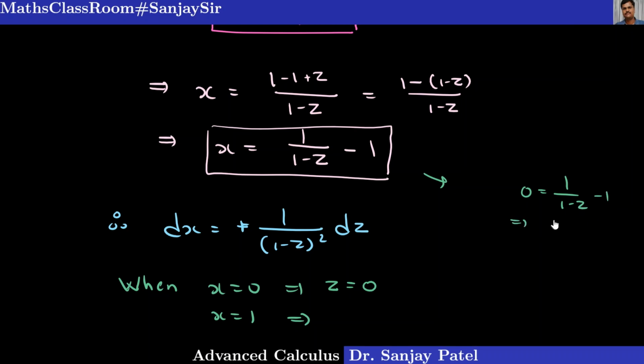That gives me 1 upon (1 minus z) is equal to 1, and taking the reciprocal, 1 minus z is equal to 1, and that gives me z is equal to 0.